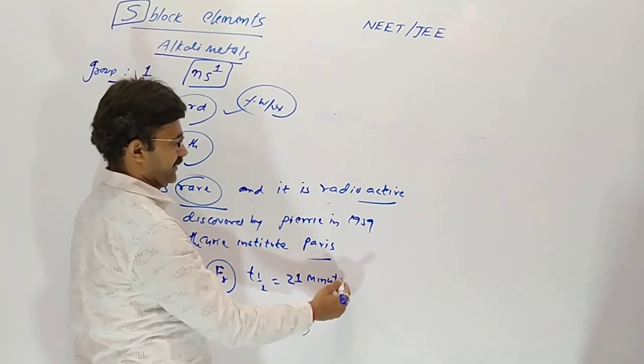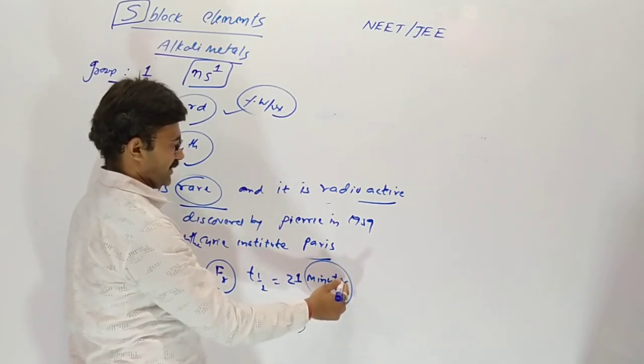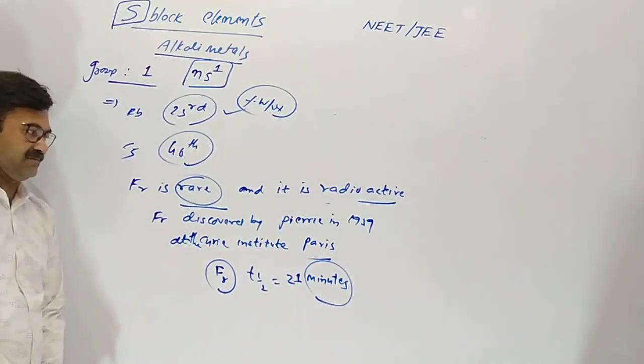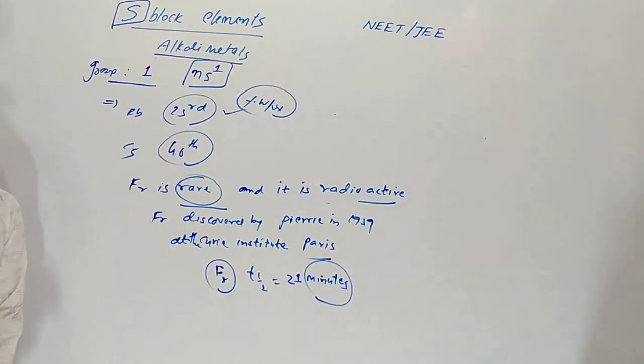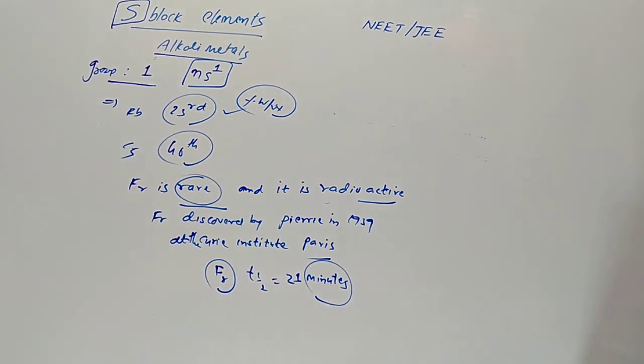After every 21 minutes, the emission rate of radiation becomes half. Understood? This type of question is asked from this chapter.